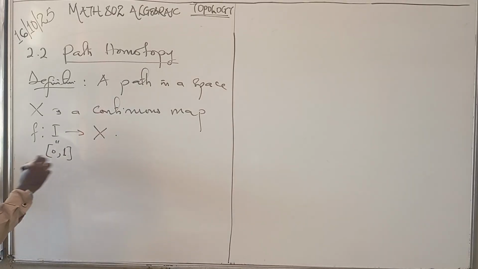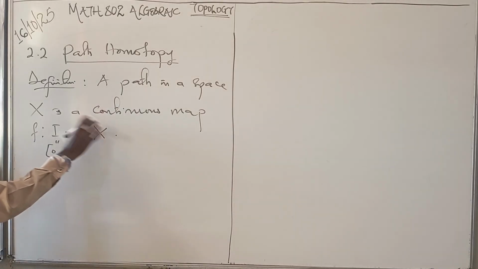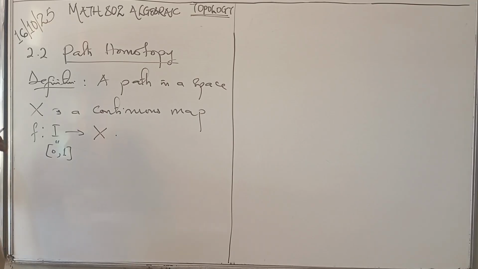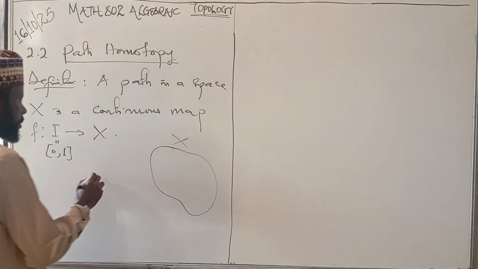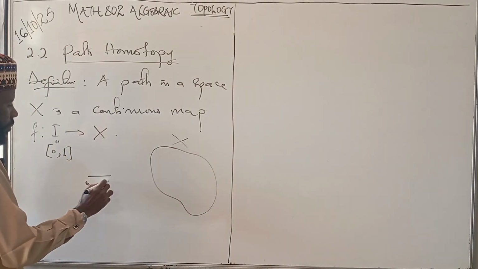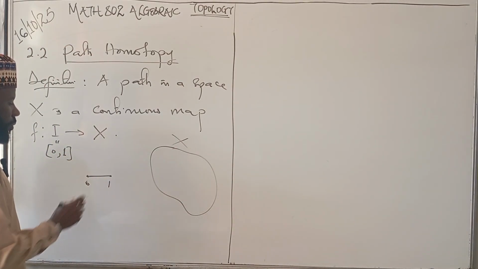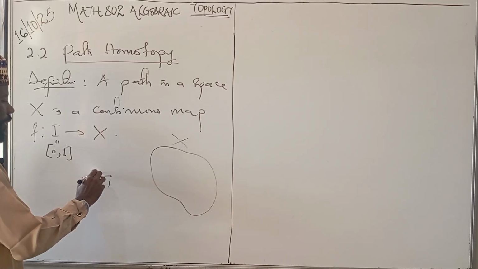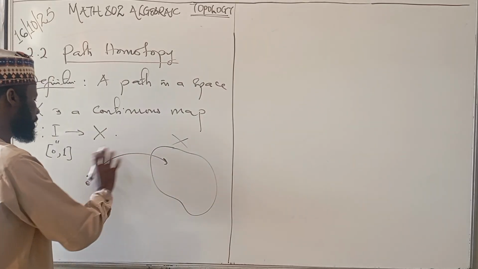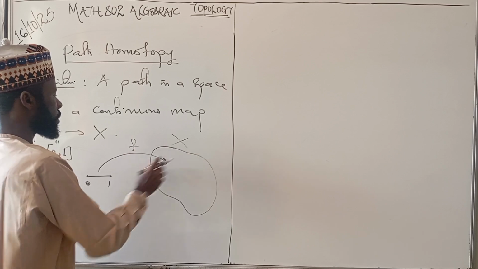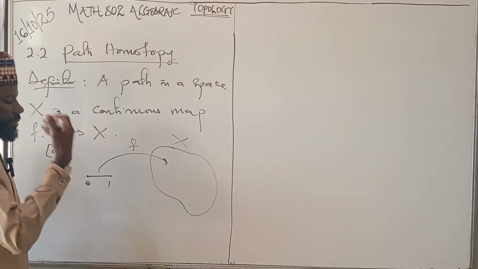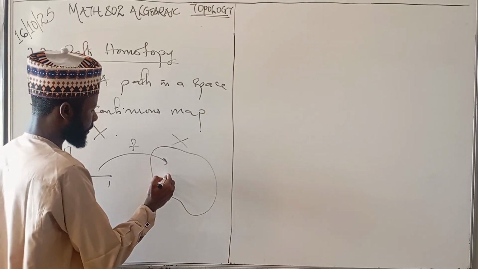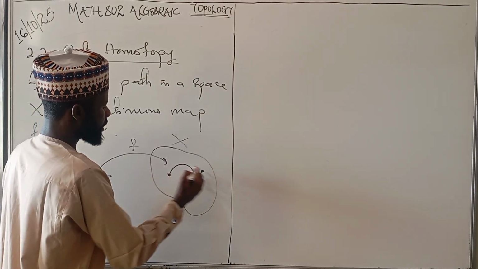So any such continuous mapping from I into the space is called a path. Imagine you have your space here, can be of any sort, but then the interval is 0, 1, closed bounded interval. So any mapping that sends the entire interval into the space, the image of that map can be thought of as a path in the space.